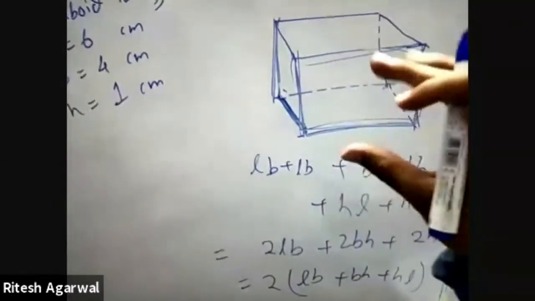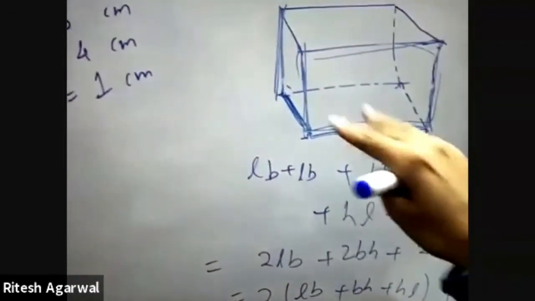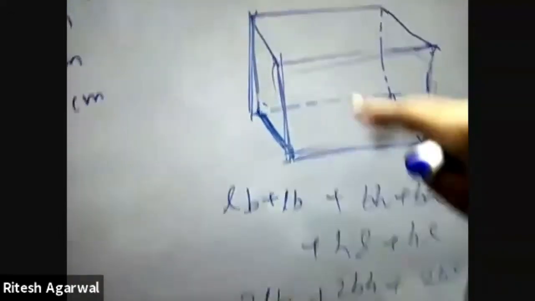So if it is a complete cuboid, which means the cuboid has all 6 surfaces and no surface is open, then this will be the formula of total surface area.